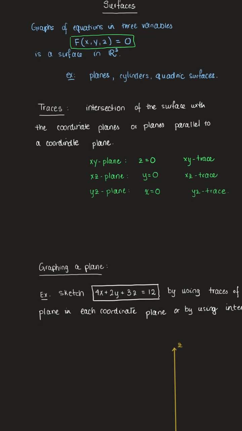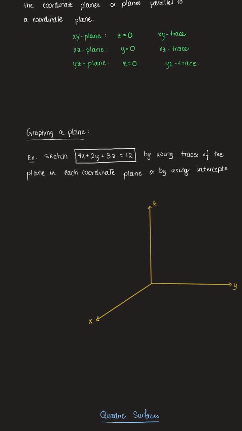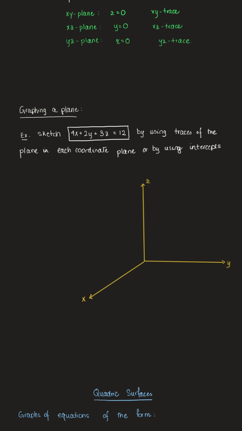So the example in this video will be sketching one of the surfaces that we're uncovering in this section, which is just a plane. And so we're going to start with an example. We want to sketch the plane 4x plus 2y plus 3z equals 12.